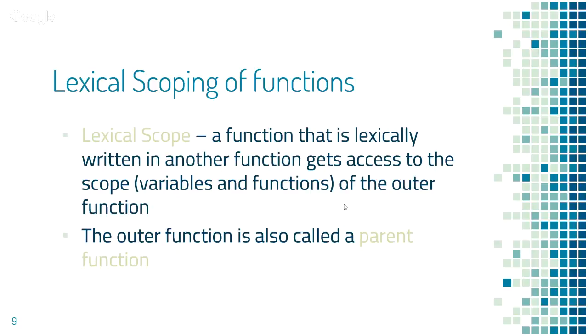I know that right now you must be a bit puzzled by this, so let's look at an example to make things a bit clearer. So remember, the outer function is a parent function, while the function inside the parent function is its child function, and it has access to the scope of the parent function.